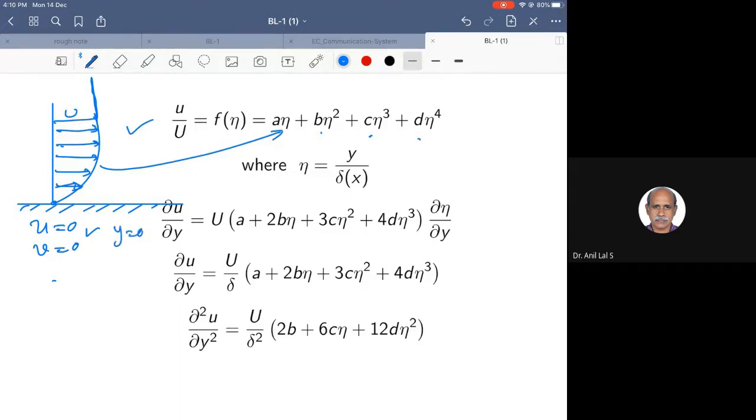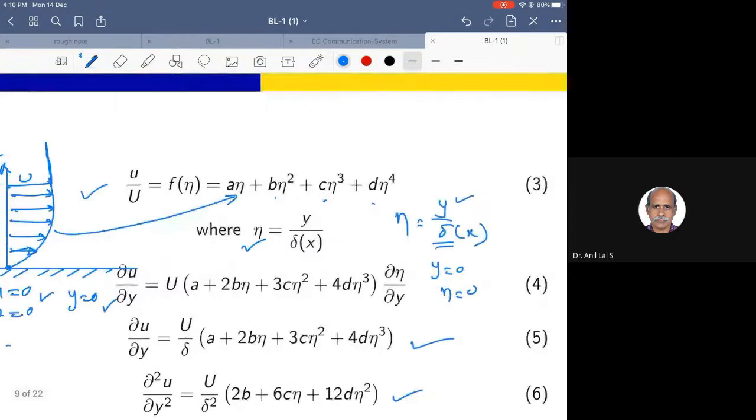Here it is written as a function of eta, where eta is equal to Y by delta, Y is the vertical distance along the normal direction, and delta is a function of X. So Y equal to 0 means eta equal to 0, and for that profile you can write dou u by dou y and dou squared u by dou y squared like this.